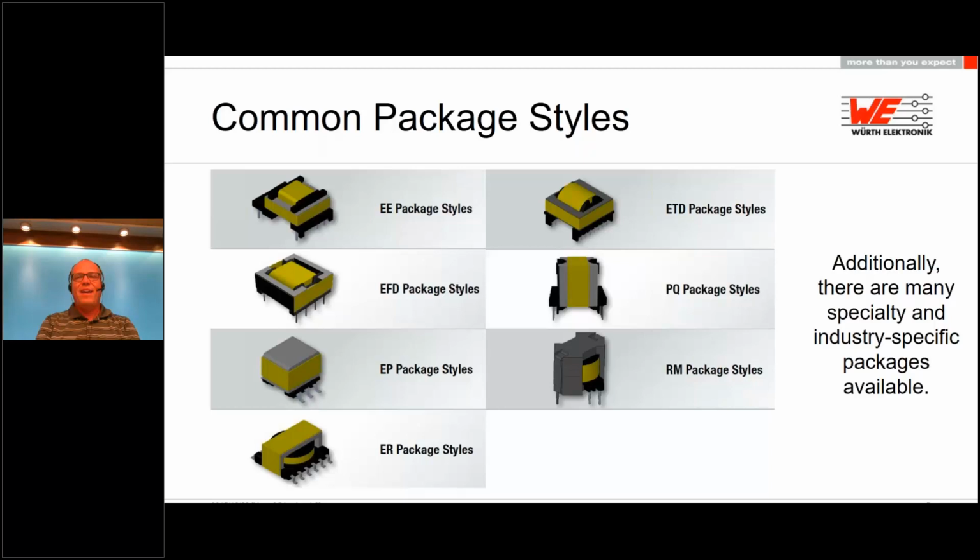And each of these styles is available in several sizes. And each one of them has attributes that make it attractive for certain applications. So in a bit, we'll go over each of these in more detail. For now, let's just spend a couple minutes discussing why you might choose one package over the other for your application. And we'll discuss that in generic terms starting off.